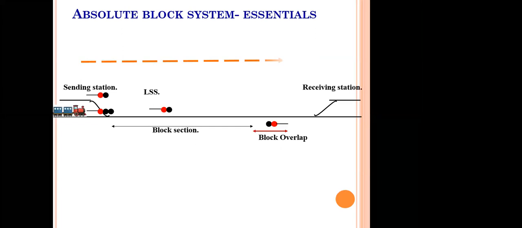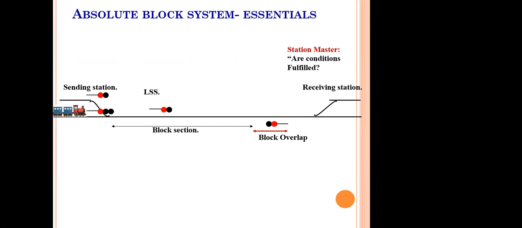The receiving station master, if conditions are fulfilled, then only he can grant the line clear. Please underline the wordings here. It is not giving the line clear, it is granting the line clear. Enquiring the line clear by the sending station master, granting the line clear by the receiving station master. And he can grant this line clear when the conditions are fulfilled.